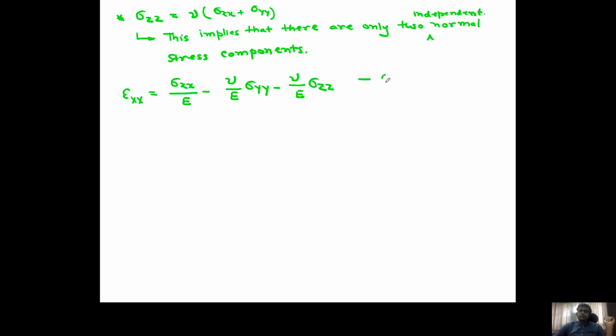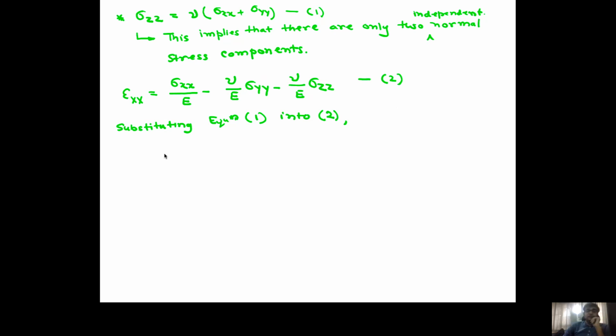Now if I call this equation 2 and the earlier one equation 1, I'm going to substitute equation 1 into equation 2.